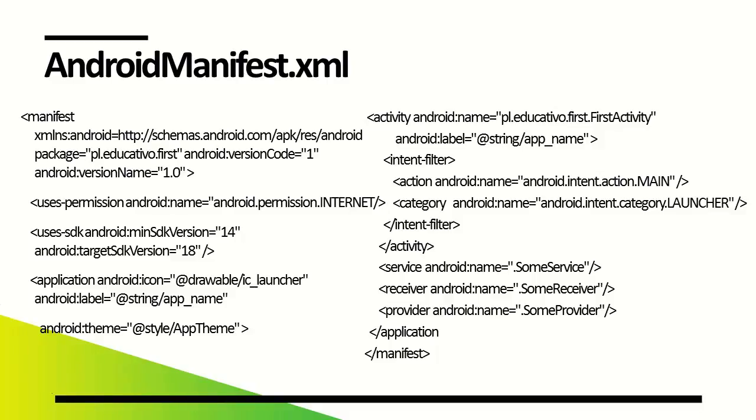If our application needs, for instance, access to the Internet, we must add uses permission Internet. It informs the system about the required permissions. Permissions are required from the user.